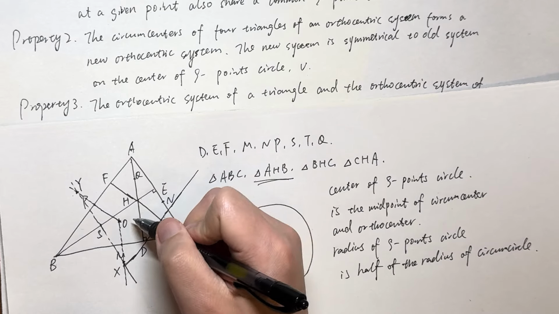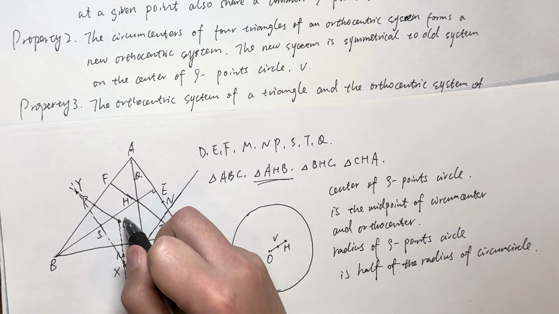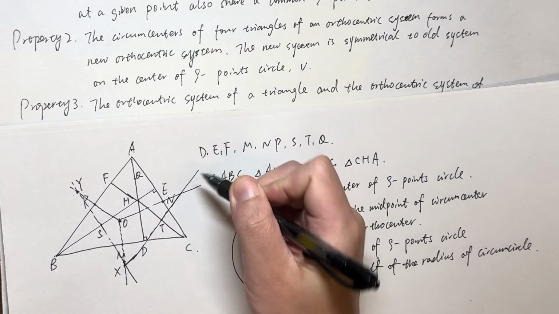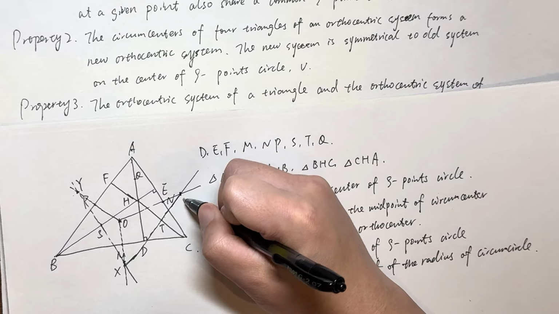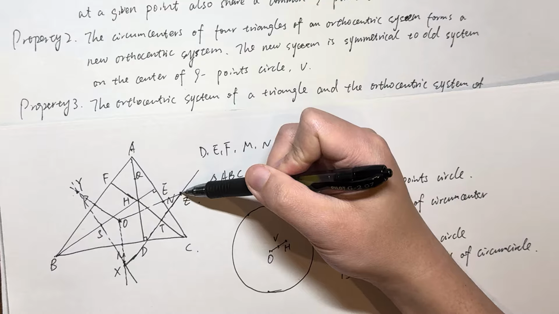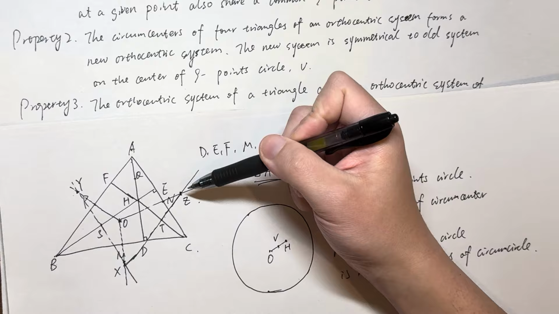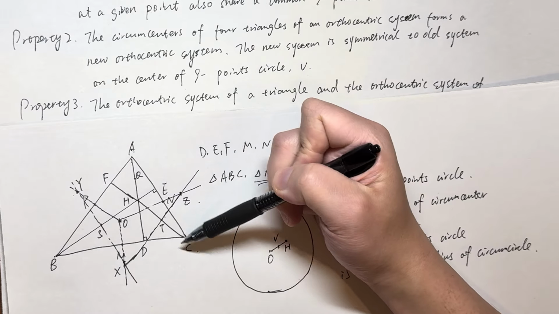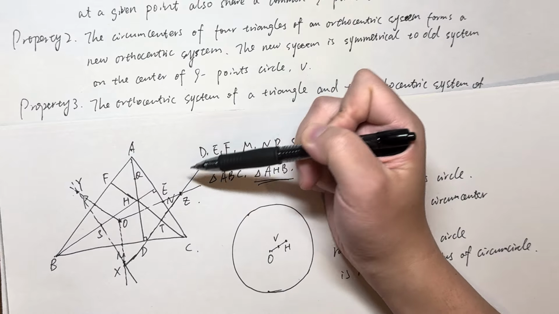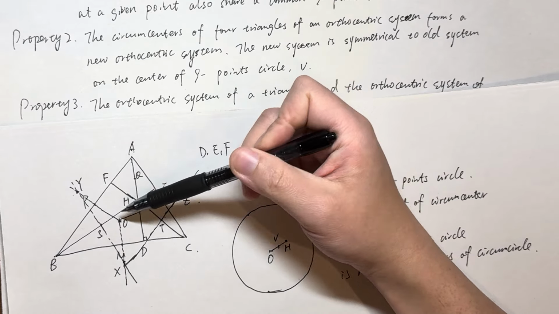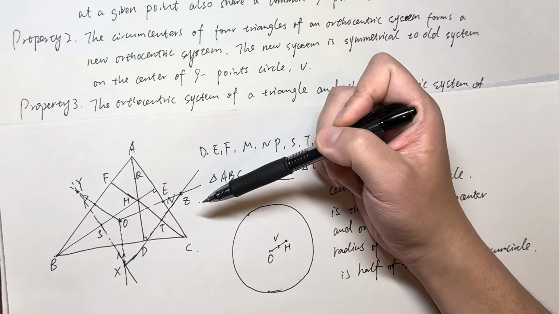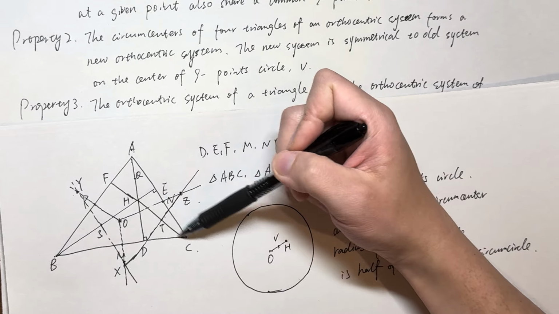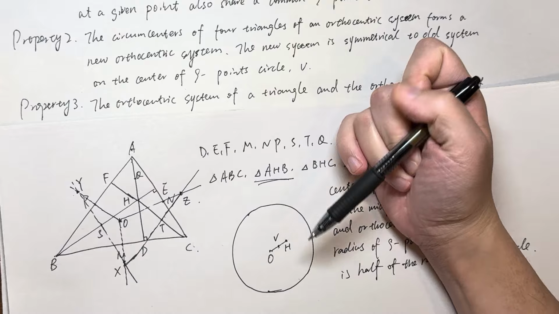And also we want to find here, let's call it Z, right? The point Z is a circumcenter of the triangle AHC because it's an intersection point of the perpendicular bisector of segment AC and the perpendicular bisector of segment CH, right?